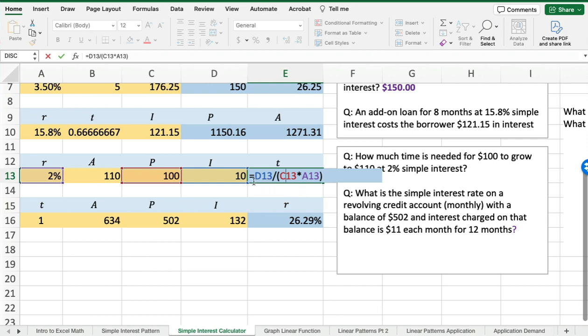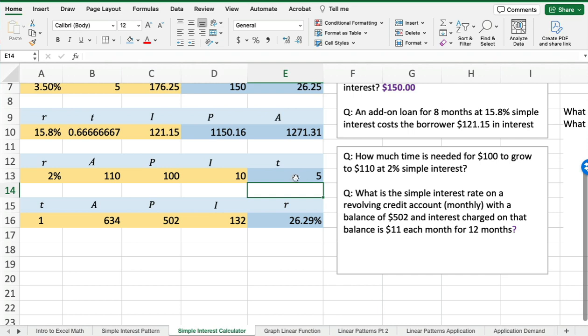Again, in my spreadsheet, the cell references that we need for interest, principal, and rate are given as you see them here. And don't forget to put parentheses around the C13 times A13.